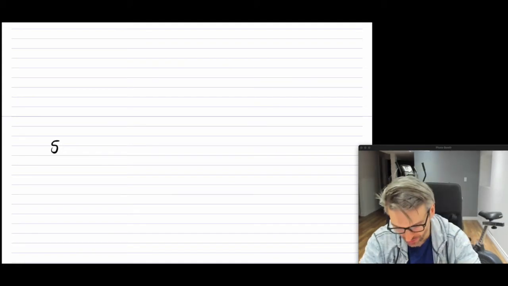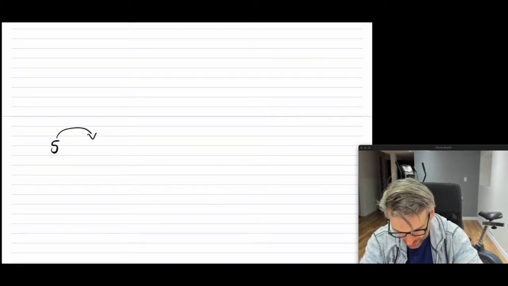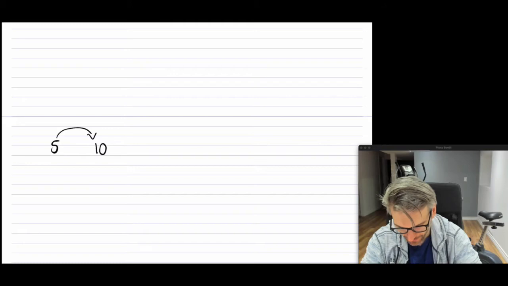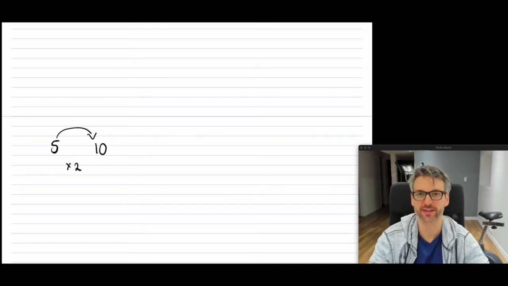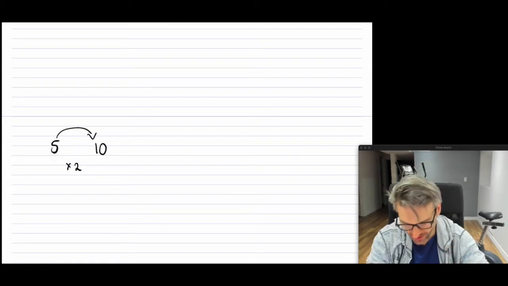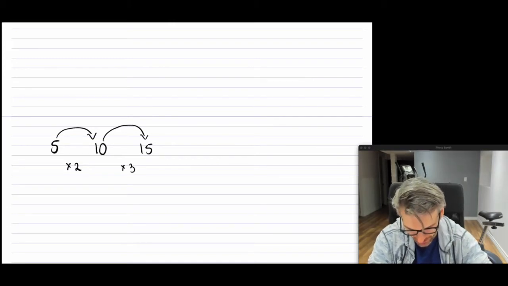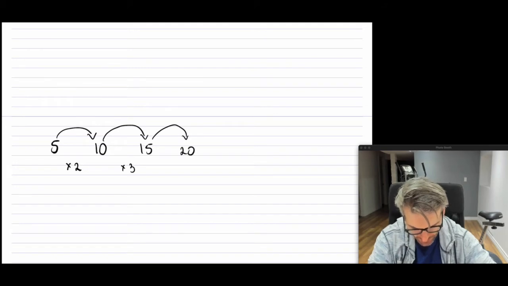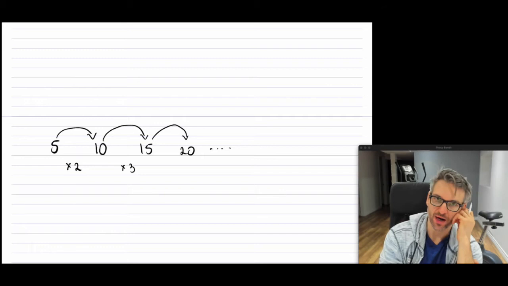So the next multiple of 5 is 10, because you can multiply 5 by 2 and get 10. Then the next multiple is 15, because you can multiply 5 by 3 and get 15. And then it continues, right? Then it's 20, and so on. Those are all multiples of 5.